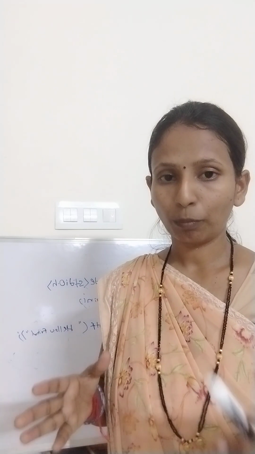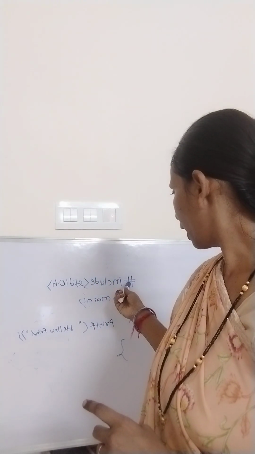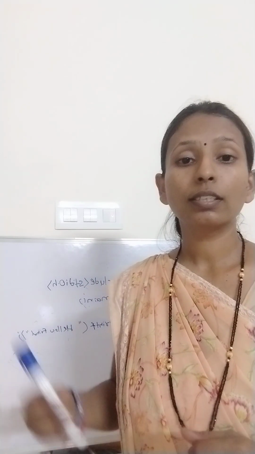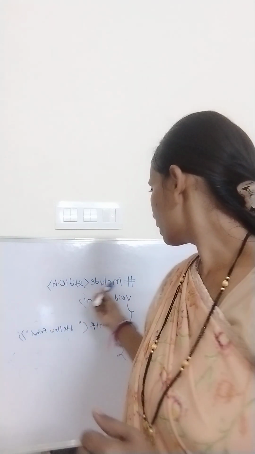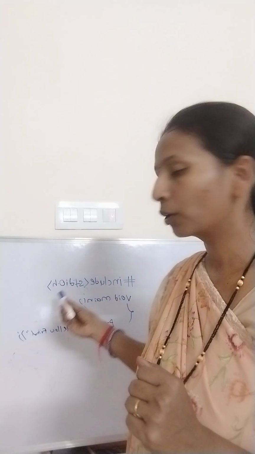Preprocessor is one program. Now this hash include stdio.h. So what is this hash include? This hash include is a preprocessor directive which includes this stdio.h header file in our program.